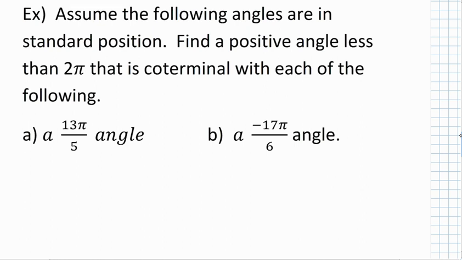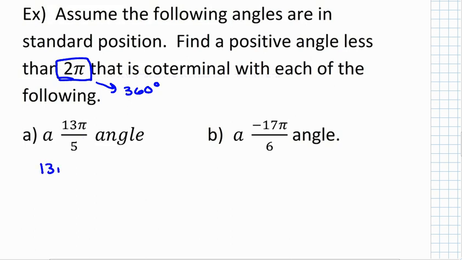The next one talks about if it's in radians. And remember, 360 degrees is equal to 2 pi, right? So when we deal with radians, instead of adding and subtracting 360, we're going to add and subtract 2 pi. Well, 13 over 5 is more than 2 pi because it's 2 3/5.